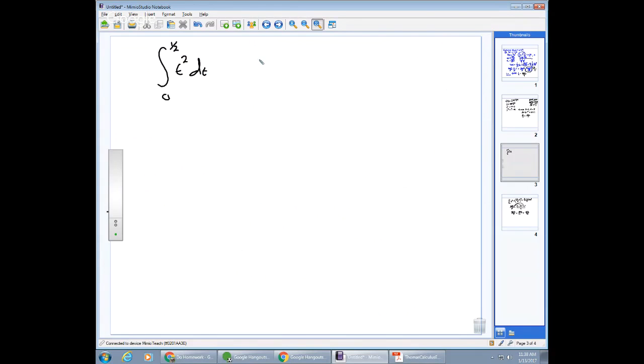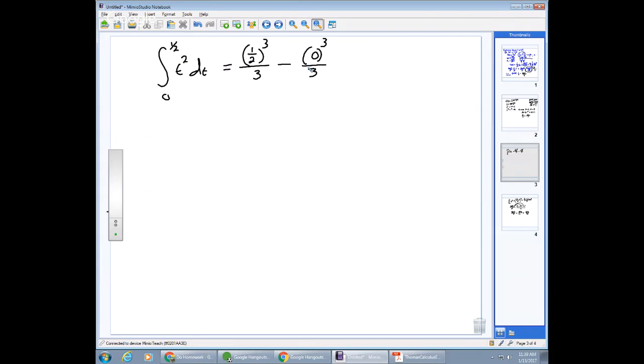The book says you take the right-hand endpoint, cube it and divide by 3, and then subtract the left-hand endpoint cubed divided by 3.